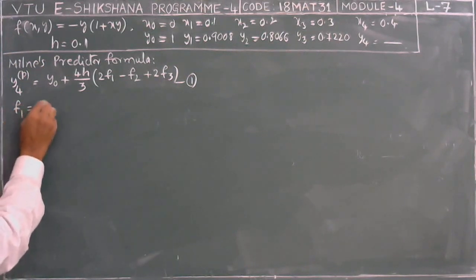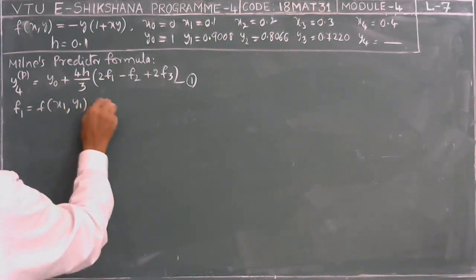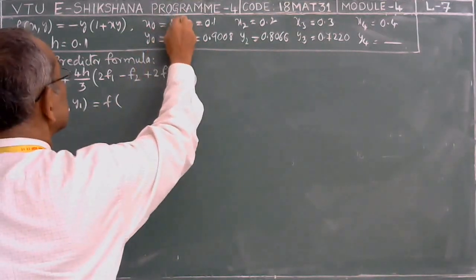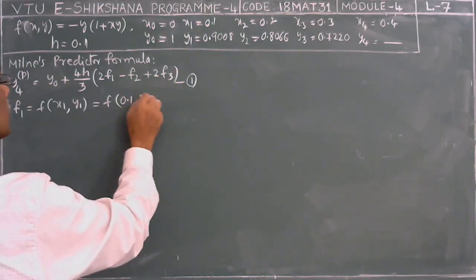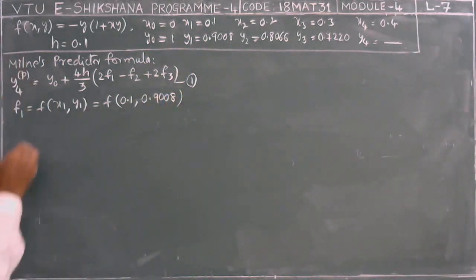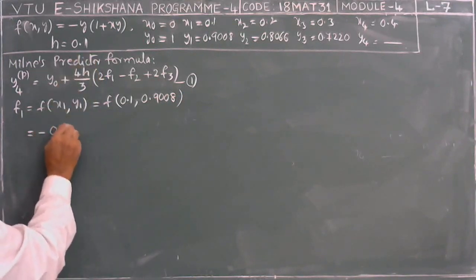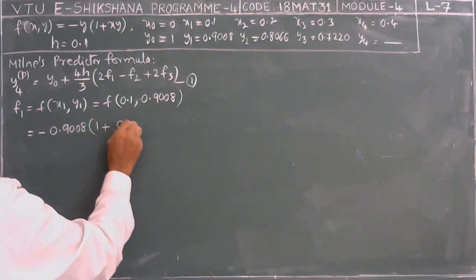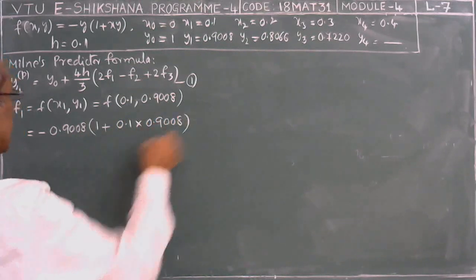f1 is f of x1 comma y1, so this is f of 0.1 comma 0.9008. By the definition, it is minus y into 1 plus xy, minus 0.9008 into 1 plus 0.1 into 0.9008.